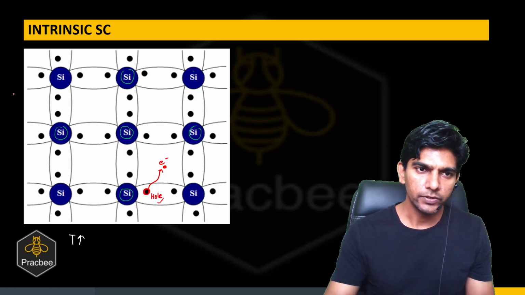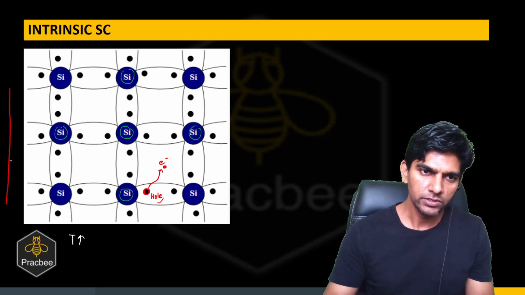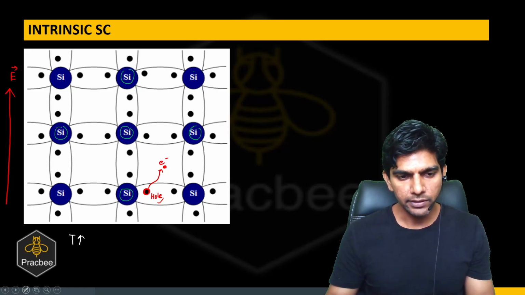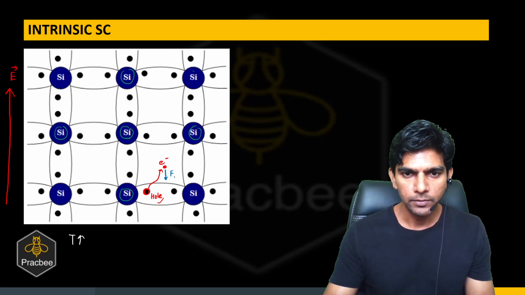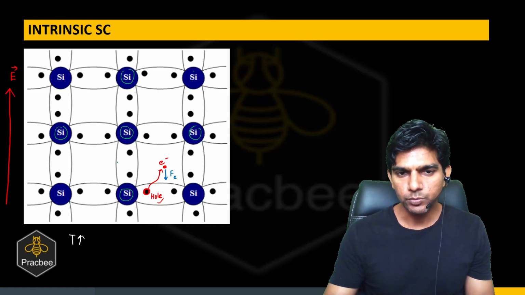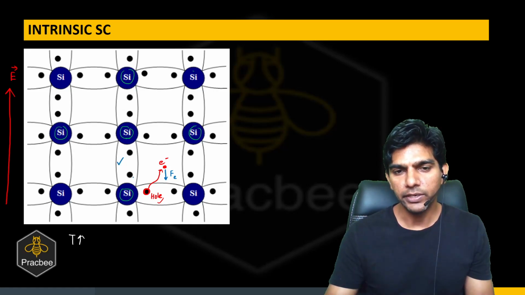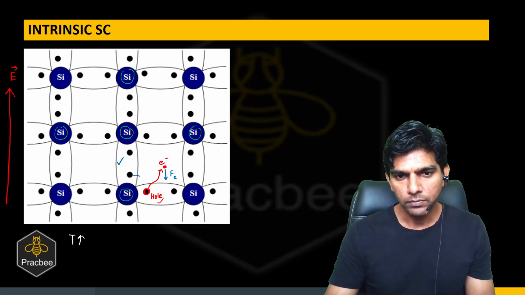Let us say there is an electric field applied in the upward direction. Due to this electric field, there will be a force experienced by the electron in the opposite direction. That is the force experienced by the electron because of the external field. And let us say now this bond breaks. When this bond breaks, this electron will occupy this vacancy.